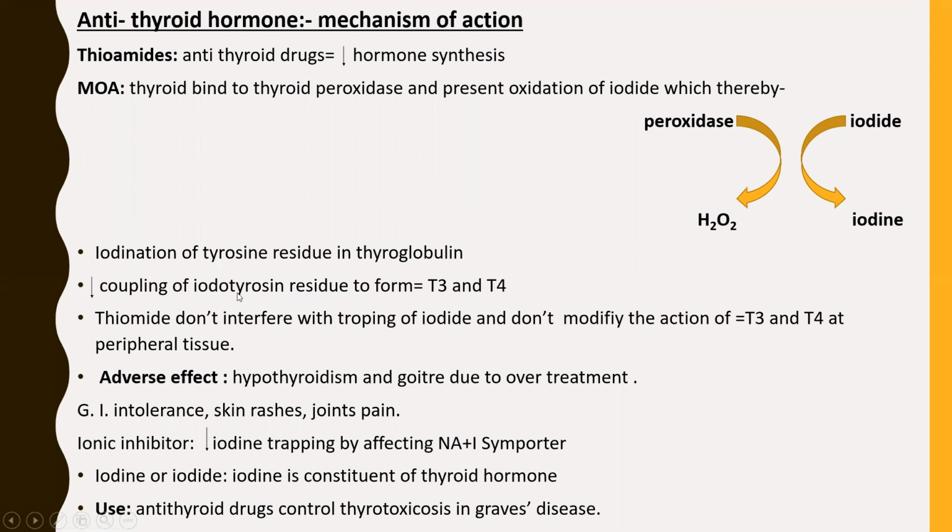Decrease coupling of iodotyrosine residue to form T3 and T4. Thioamides don't interfere with trapping of iodine and don't modify the action of T3 and T4 at peripheral tissue. Then adverse effects of the thioamides: hypothyroidism and goiter due to overtreatment. Then GI intolerance, skin rashes, joint pains.